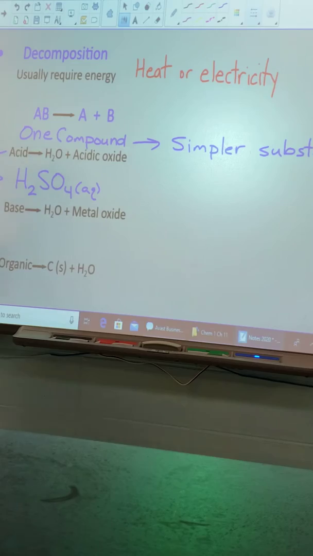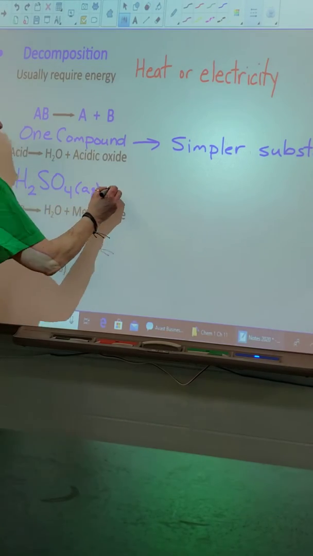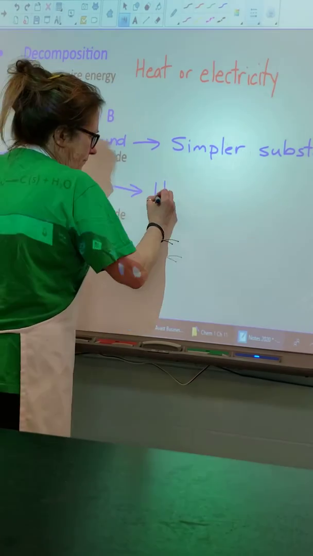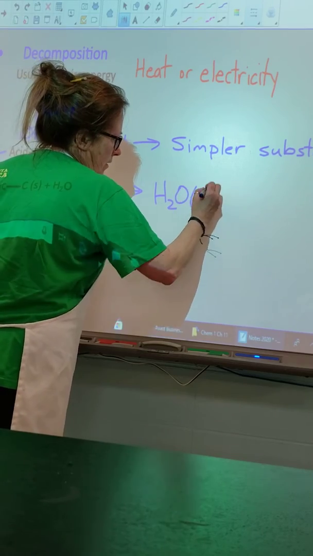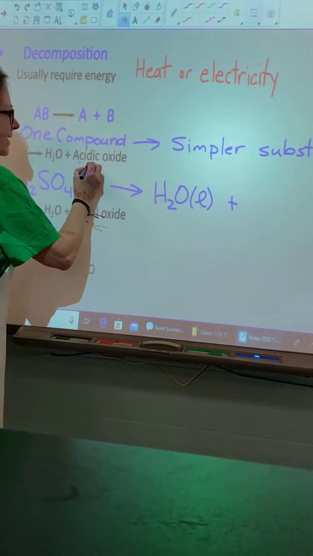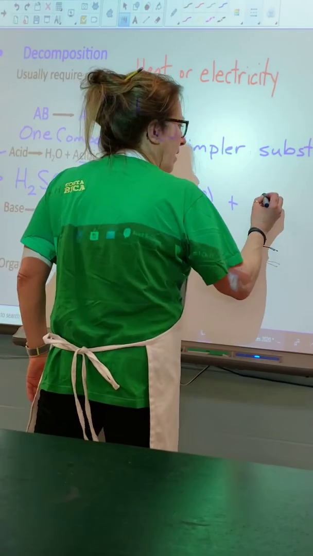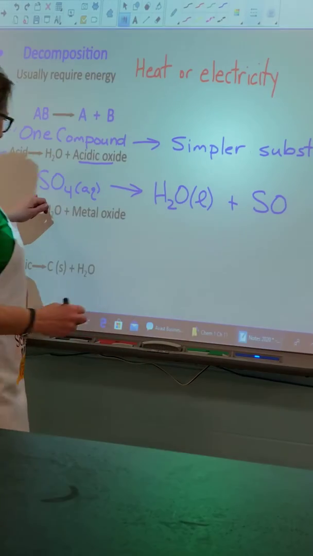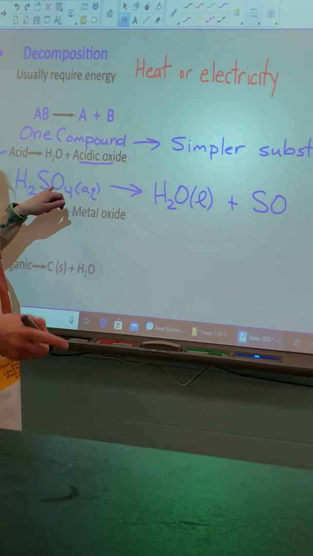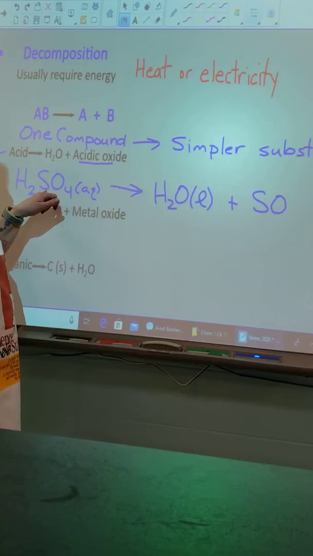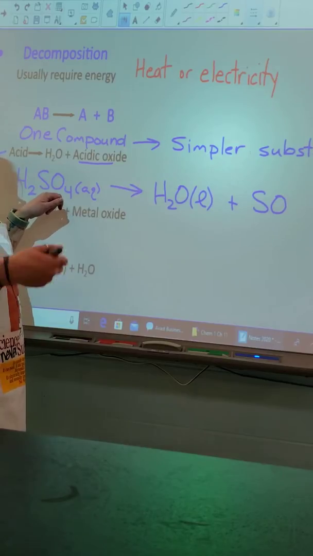All right, so sulfuric acid, when it decomposes, I get water and an acidic oxide. Remember, those acidic oxides are nonmetals. So that's my sulfur and oxygen. And remember, when I synthesized the acid, I took my oxygen and bumped it up by one.